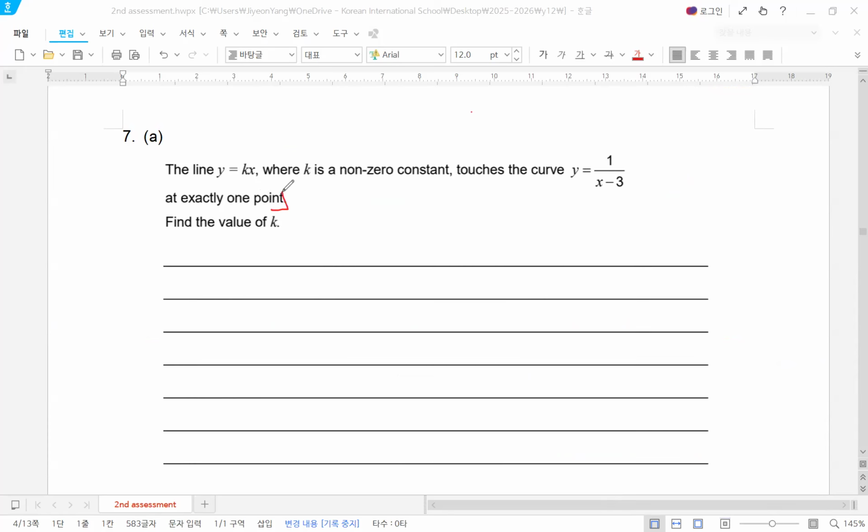This question is pretty much similar to the previous question, guys. So y equals kx and y equals 1 over x minus 3. The intersection point on the graph, you can solve it by solving the simultaneous equation, right? So since y is the same, you can combine these two equations as kx equals 1 over x minus 3.